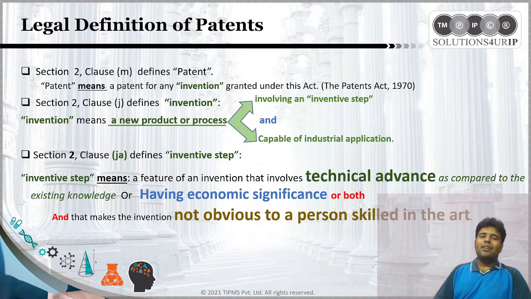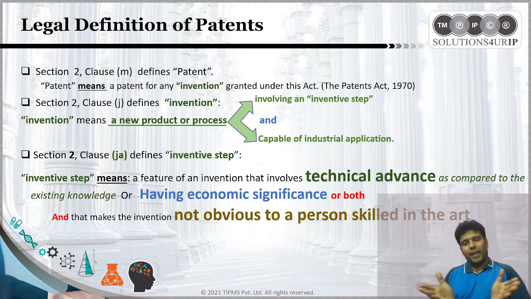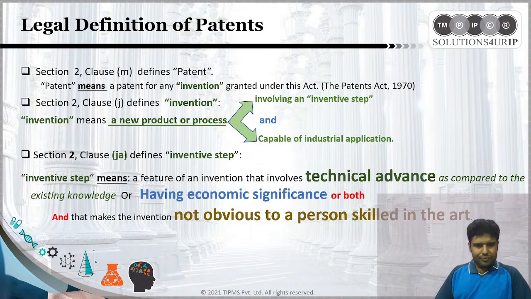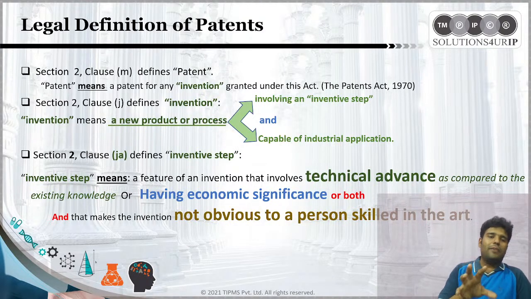If I say legally a container includes a cup and a glass, then for any other container, for example, even a plate, the plate is not falling within the definition of a container.